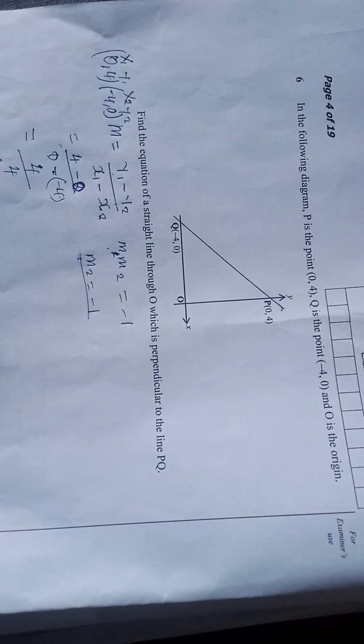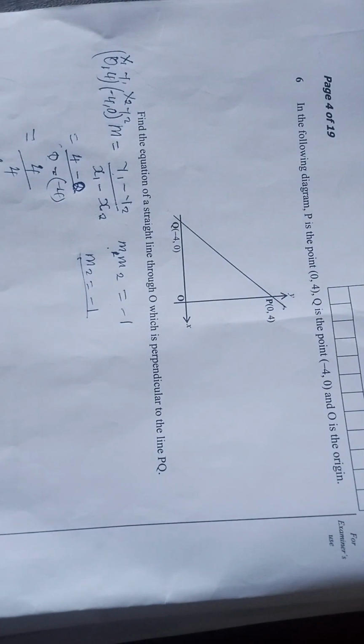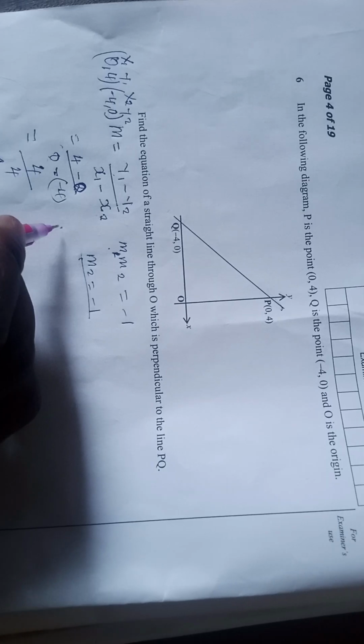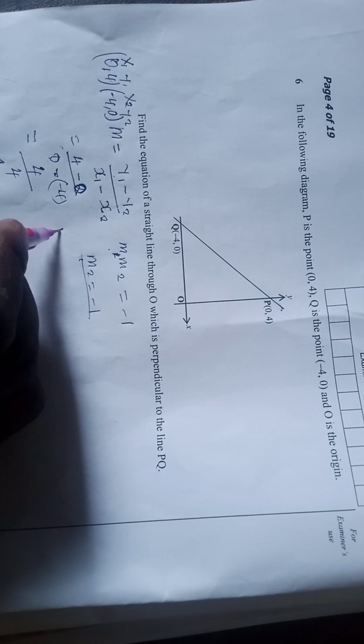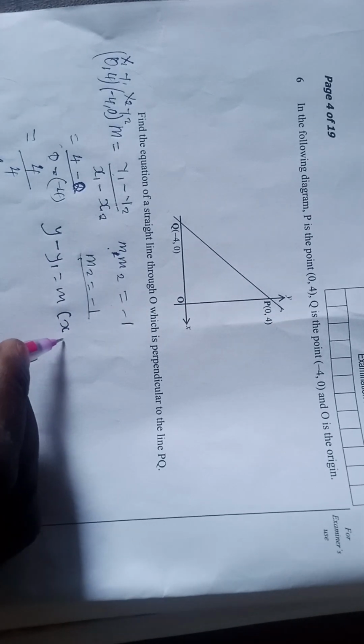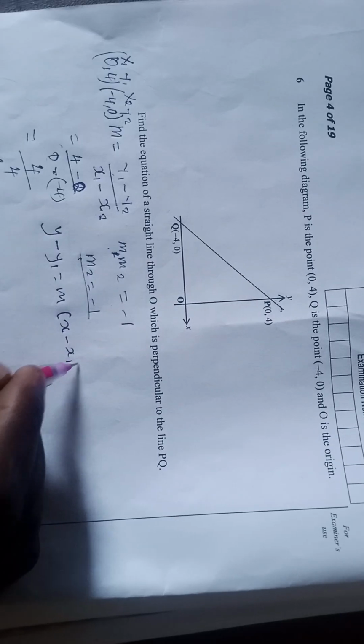So we can quickly go to the actual formula for finding the equation, and this is the one: y minus y1 equals m times (x minus x1).